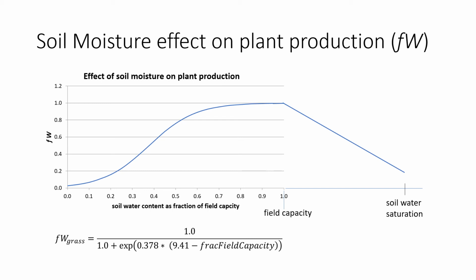So under anaerobic conditions, this plant doesn't grow as well, and you can see a decline in production up to the point of soil water saturation. Not a complete reduction and not a complete 0 for plant growth at saturation, but close to 0. And this is just the equation for the first part of this function. I don't have the equation here for the second part of this function, but it's just a linear function.